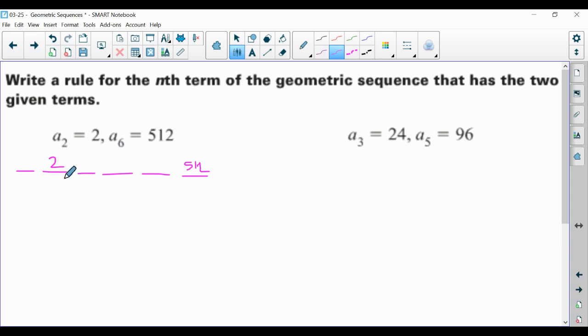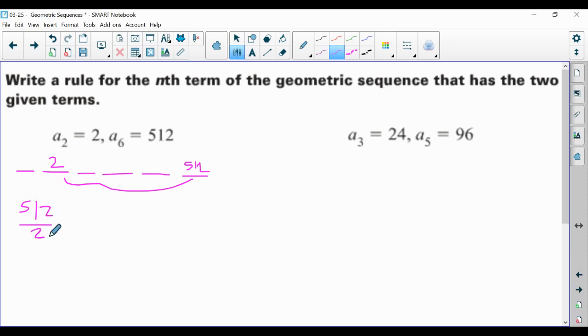We have to think that we're multiplying by the same number each time to get to this number. To figure out the pattern between them, I first have to find the ratio between these two numbers. So I'm going to divide 512 by 2.